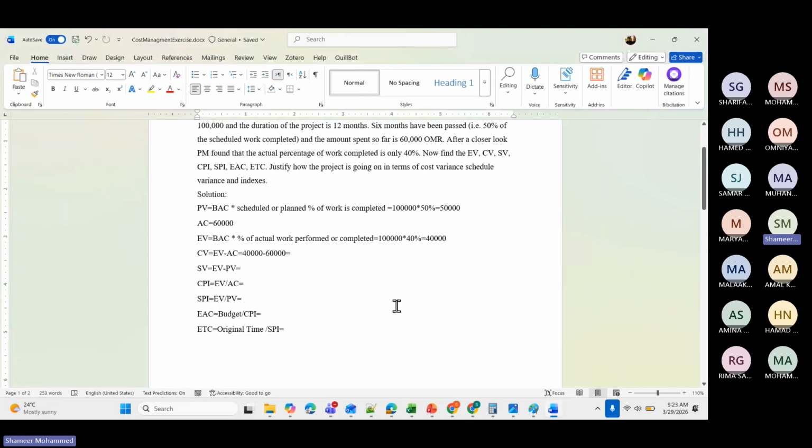Don't forget that minus 20,000. If you forget the minus, then the justification will be wrong, the calculation will be wrong. So this minus you should not forget.